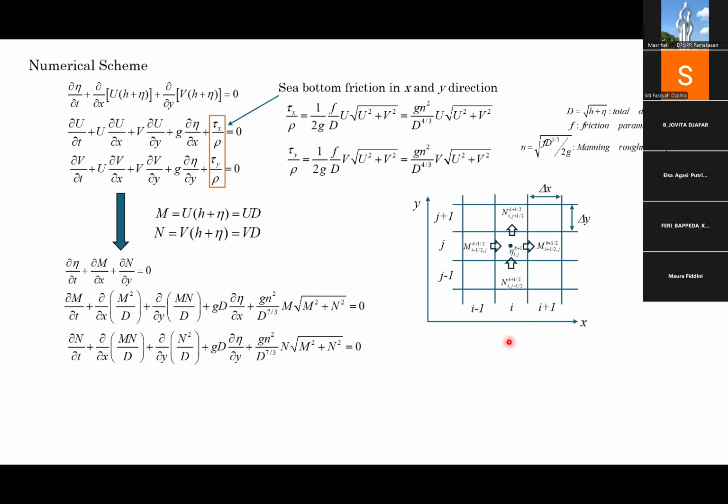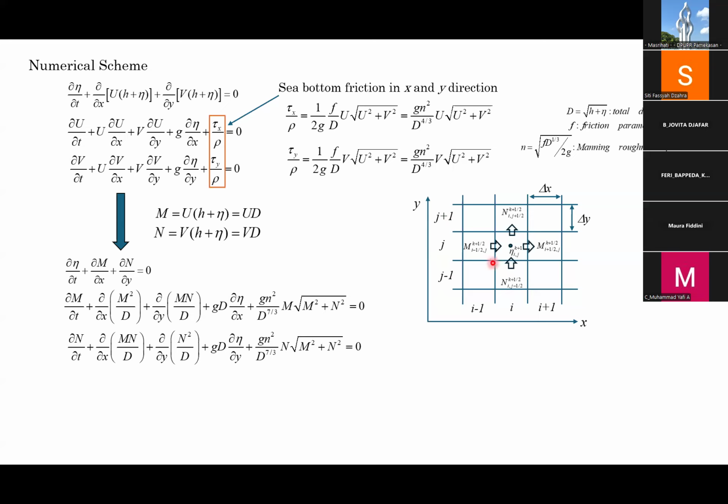This is an example of the numerical grid. In order to solve these three equations, we discretize the space x and y using the grid. Each grid cell has an index such as i minus 1, i plus 1, j minus 1, j plus 1.